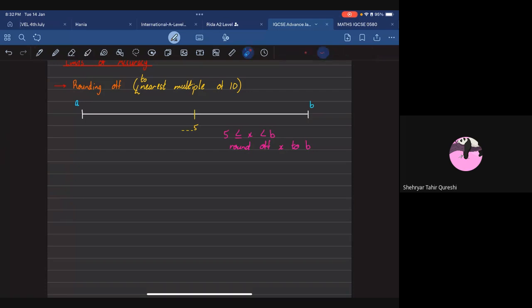Now keep in mind that x is also inclusive of 5. Like for example, 75, if it's being rounded off to the nearest 10, it's going to be rounded off to what you may call b.